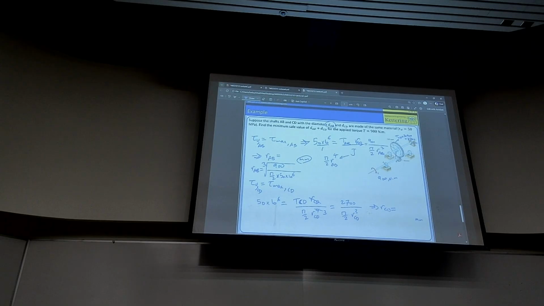This number 50 is in the denominator, and if you bring this to the 6, but you brought 50 up, what happened to 50? Just check that.